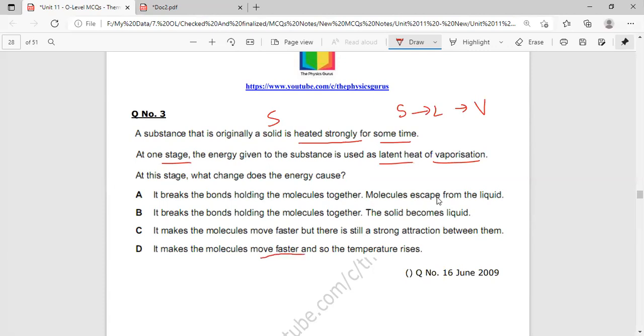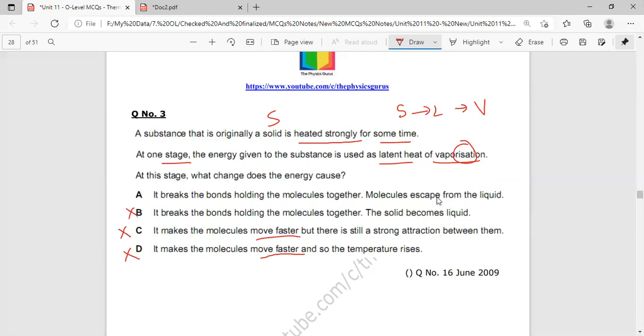No, since the temperature is constant, there will be no change in the kinetic energy. So options C and D are omitted. It breaks bonds holding the molecules together. The solid becomes liquid. Not possible, since vaporization is there, so this option is not correct.